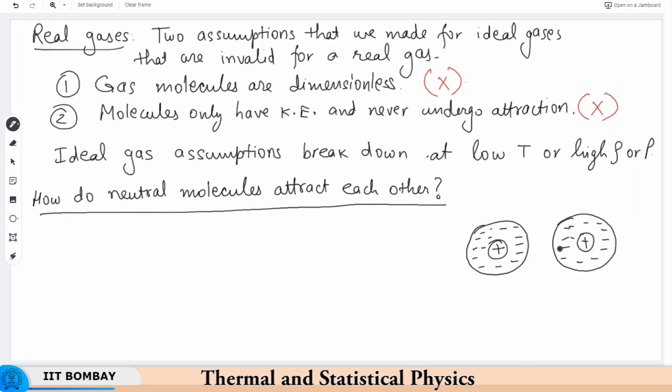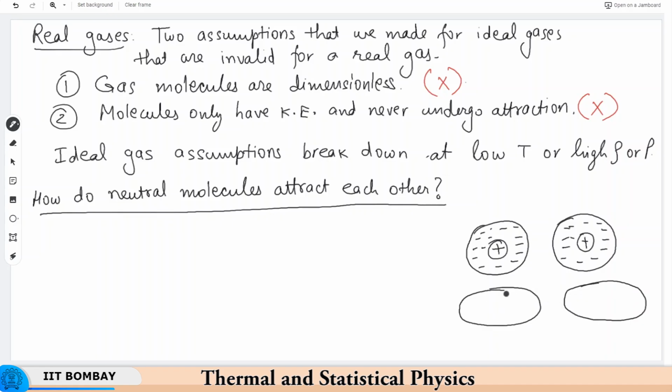But when they become very close to each other, especially at very high densities, these charges can start interacting with each other.